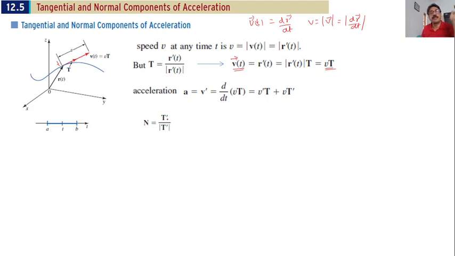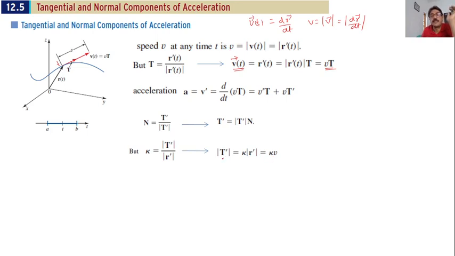We know the unit normal vector is given by T dash divided by modulus of T dash, and therefore T dash is equal to modulus of T dash into N. And also we know kappa, the curvature at any instant t, is given by modulus of T dash by modulus of r dash, that is dT by dt divided by dr by dt, which implies you can write from this modulus of T dash is given by kappa into modulus of r dash, and modulus of r dash is nothing but the speed v.